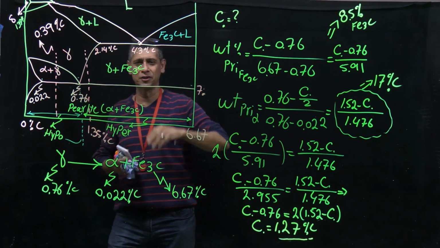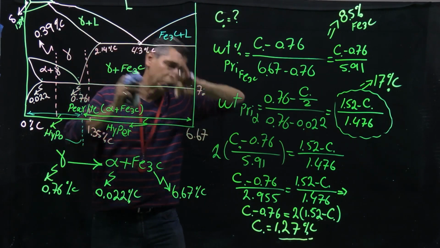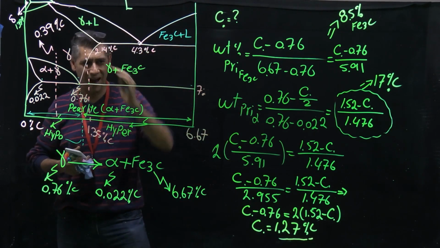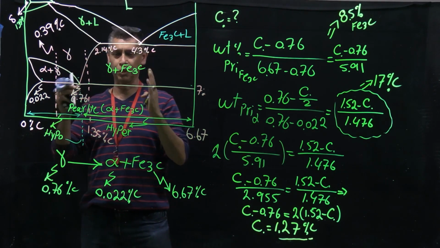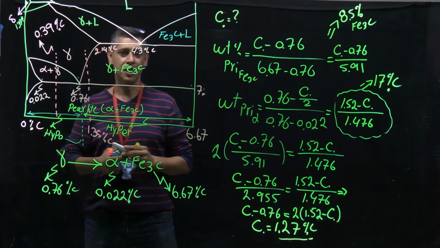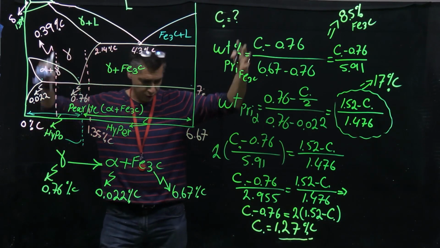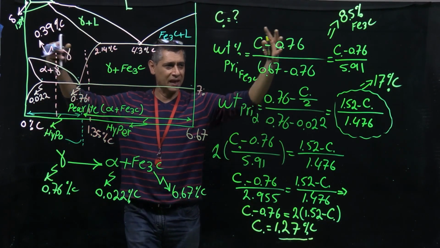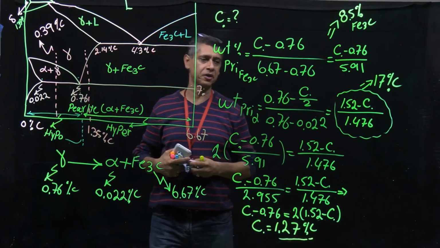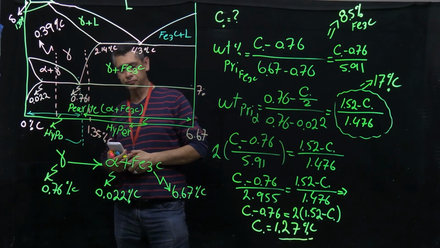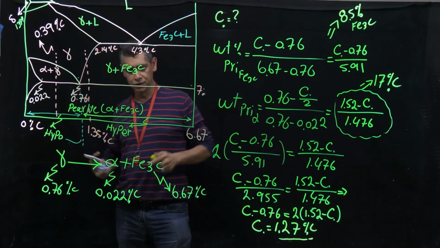The only scenario that by increasing or reducing the carbon content to twice or half, the primary phase percentage, mass fraction, remains the same is I cross the line. So if you can understand that and follow this, most probably you will have no problem in this chapter.